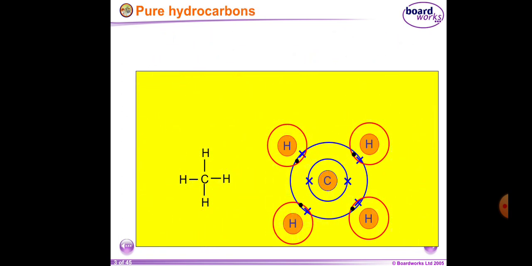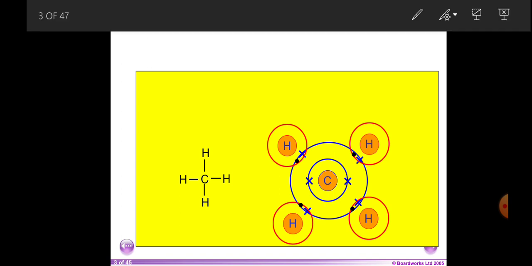To begin with, it is paramount that we go back to structure and bonding in form 2. It is the basis of understanding this topic, especially when you have to look at covalent bonding.